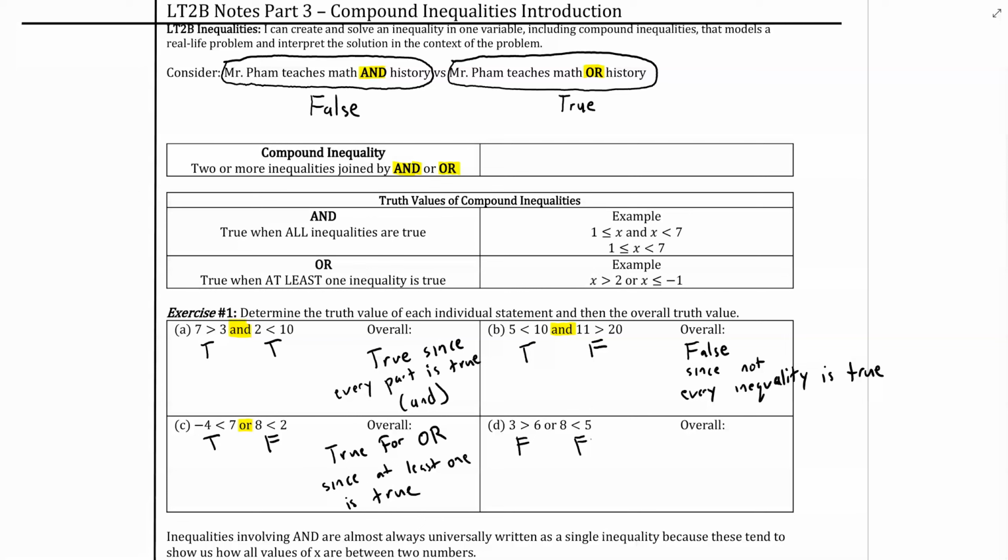Well, since all of them are false, this is overall false. So the big takeaway here is when we are combining inequalities using the word and, every inequality must be true. When we're dealing with or, at least one of the inequalities must be true.